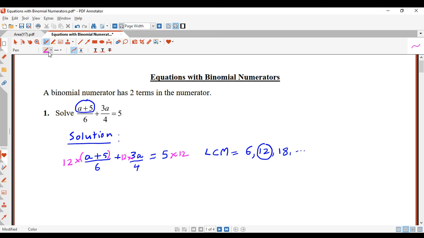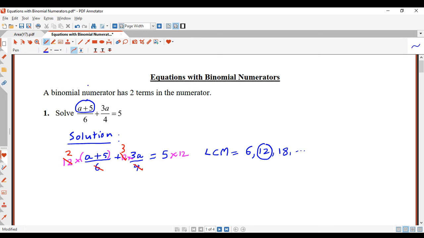Now we've done that, we can do some simplifying to get rid of the fractions here. 12 divided by 6 is 2. And then 12 divided by 4 is 3. So we've got rid of those fractions.